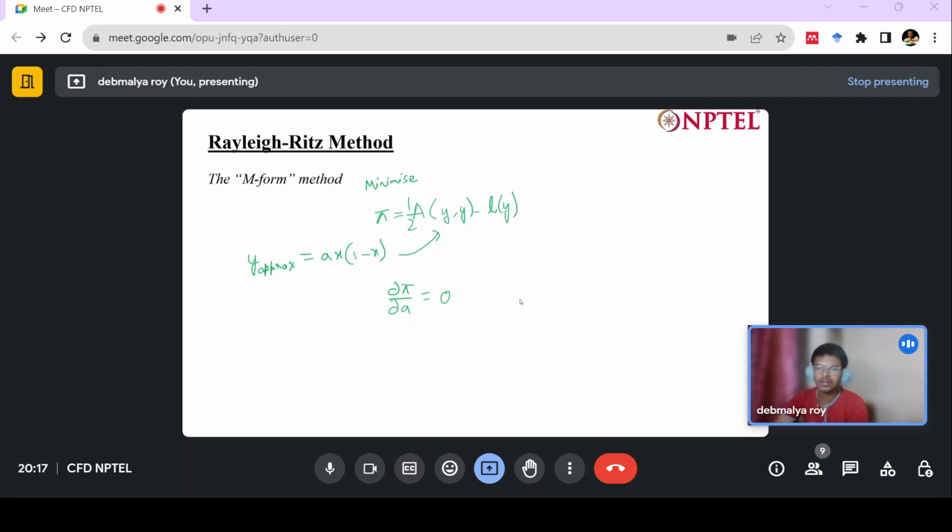And if you want a more accurate solution, for example with point collocation methods, we will simply add on points and parameters, and we will still get a nice group of algebraic equations. If we solve all of these, we will get an approximate solution. That is the underlying theme with these kinds of methods.